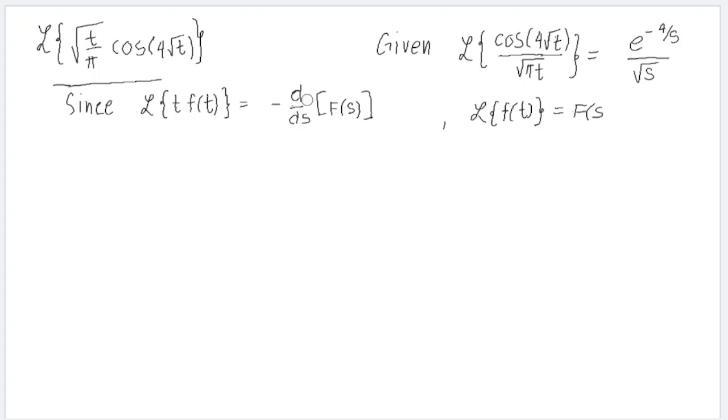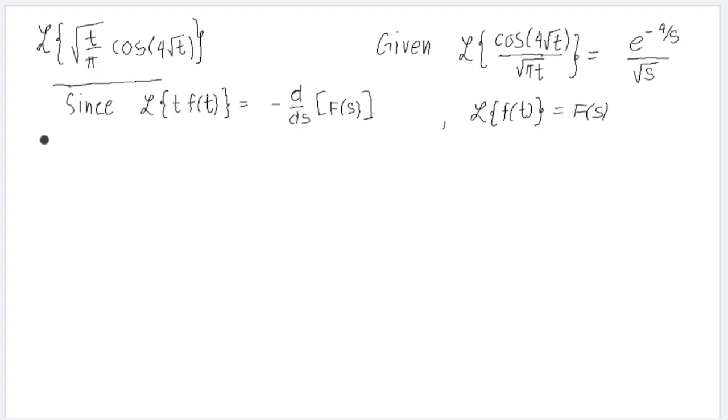And we're gonna need this formula right here to solve the Laplace transform of this inside function. We have the Laplace transform of t times any function f of t is equal to the negative d over ds of F of s, where F of s here is the Laplace transform of f of t.